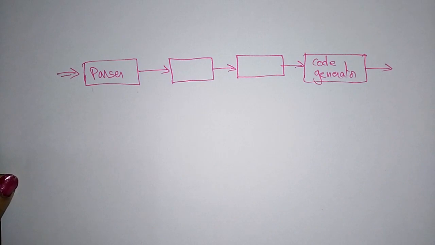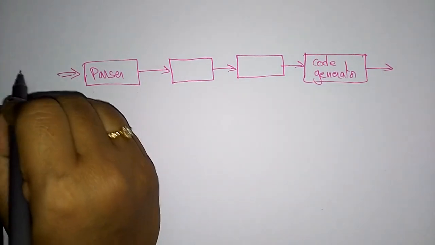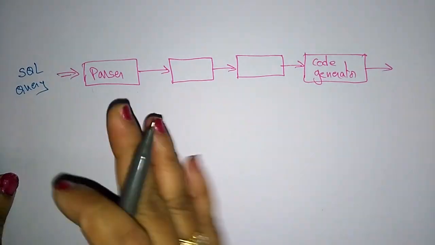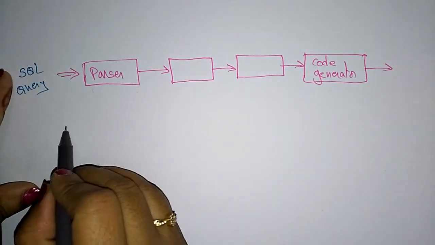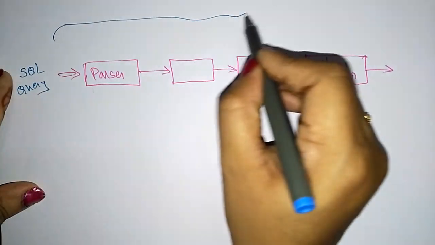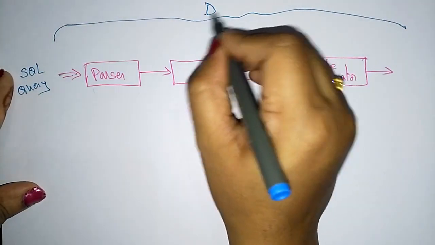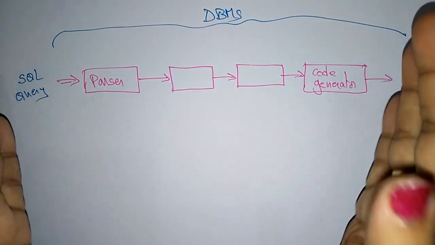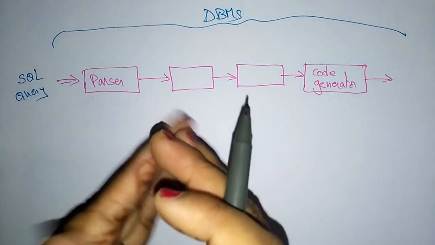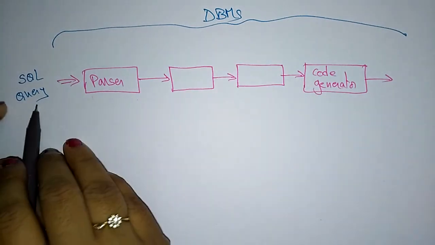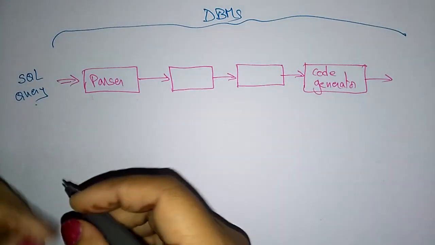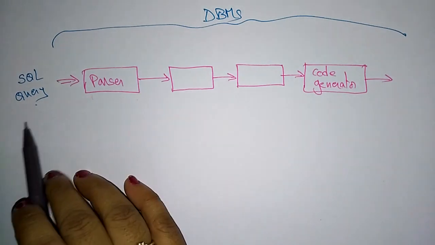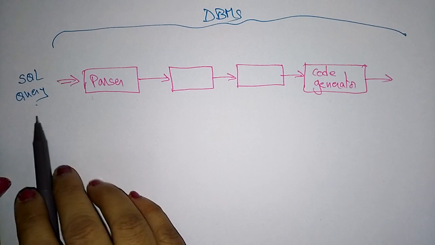The input we are giving is an SQL query. Think of this as completely a DBMS, database management system software. In the software, relational algebra is an intermediate language. We take SQL queries, and with the help of tools we execute them.